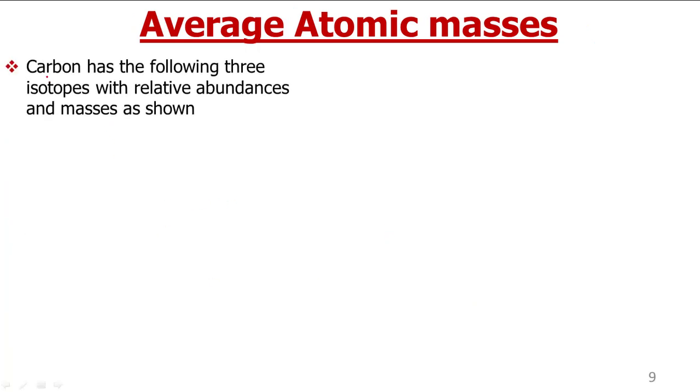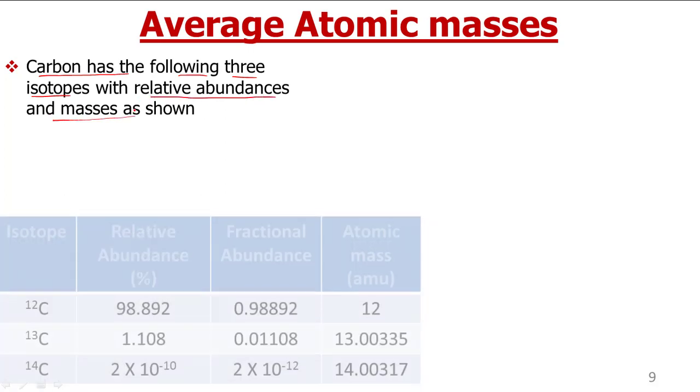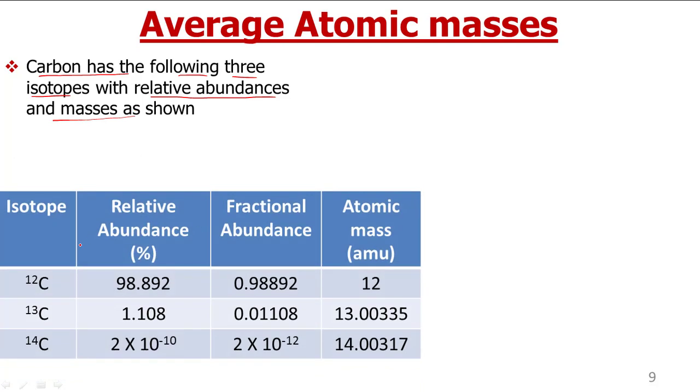Now let us take the example of carbon. Carbon has the following three isotopes with relative abundances and masses as shown in the table. So this table shows that carbon has three isotopes, carbon 12, carbon 13 and carbon 14, and the relative abundances are 98.892%, 1.108%, and 2 into 10 to the power minus 10%.